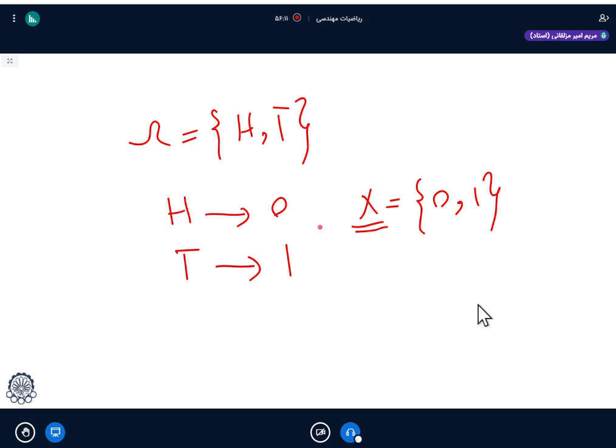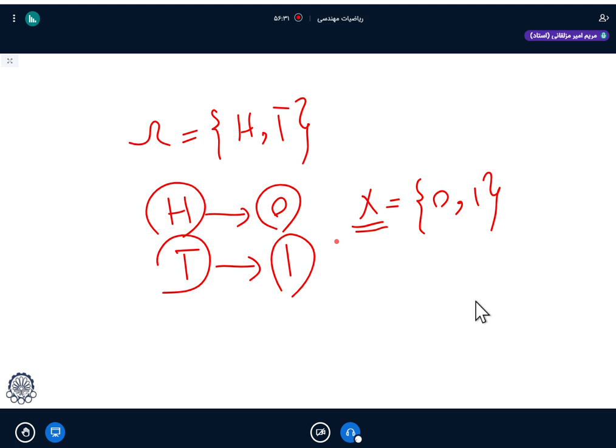A random variable is a function from the sample space to the real value line. In other words, we assign a real value to every outcome of a sample space.